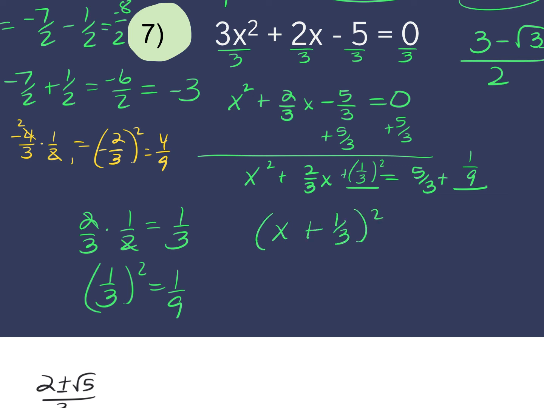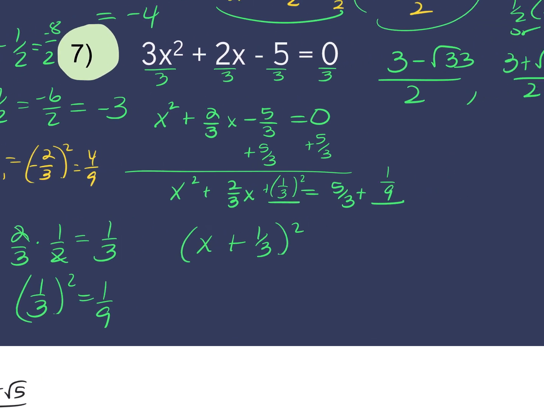I need to find a common denominator between the 5/3 plus 1/9. So the 5/3 is going to change into 15/9. When I add the numerators, I get 16/9. And now I can use the square root.